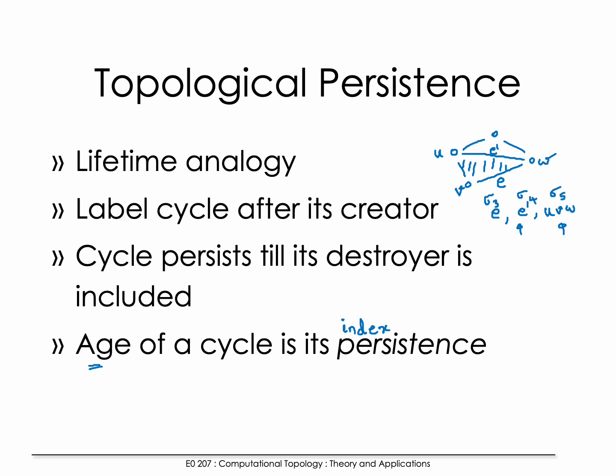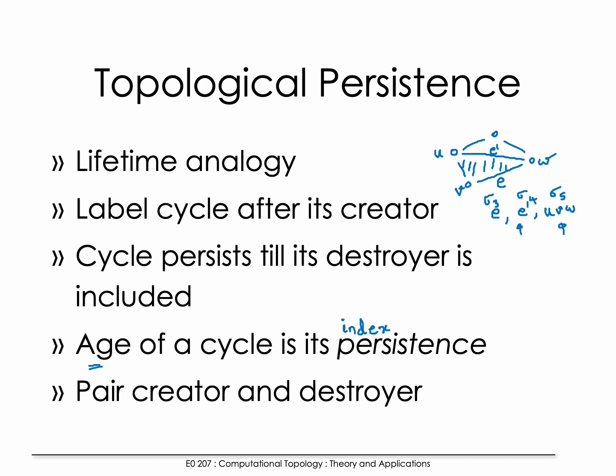The index is what is used to compute the age. Alternately, you can associate an actual age, a real value which is increasing, to each of these simplices as they are inserted, and that difference can be used to compute persistence. This is what we did earlier for the case of Morse functions.